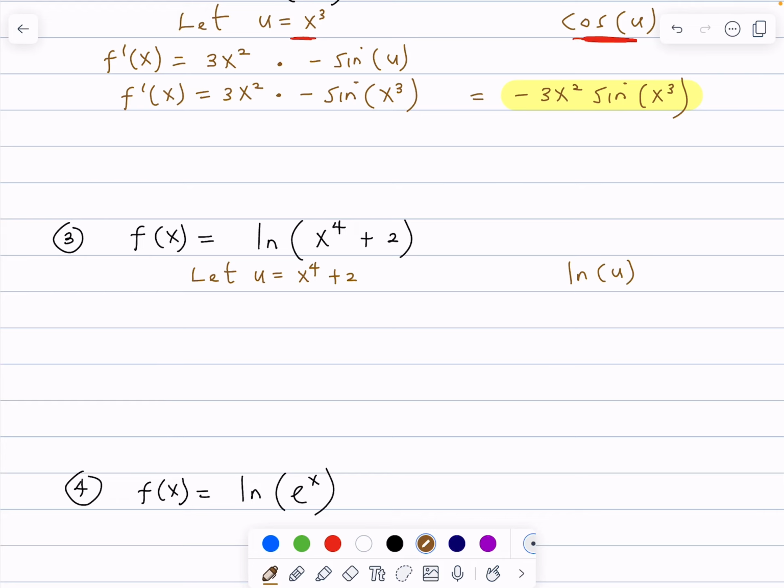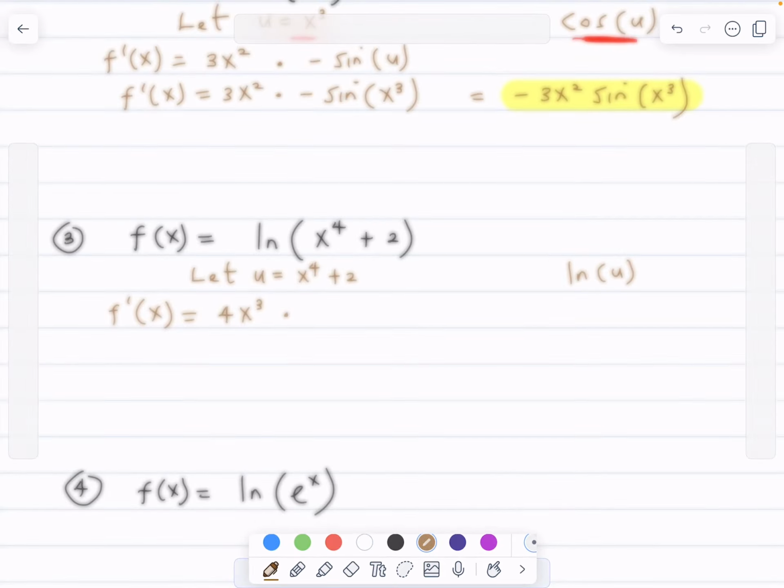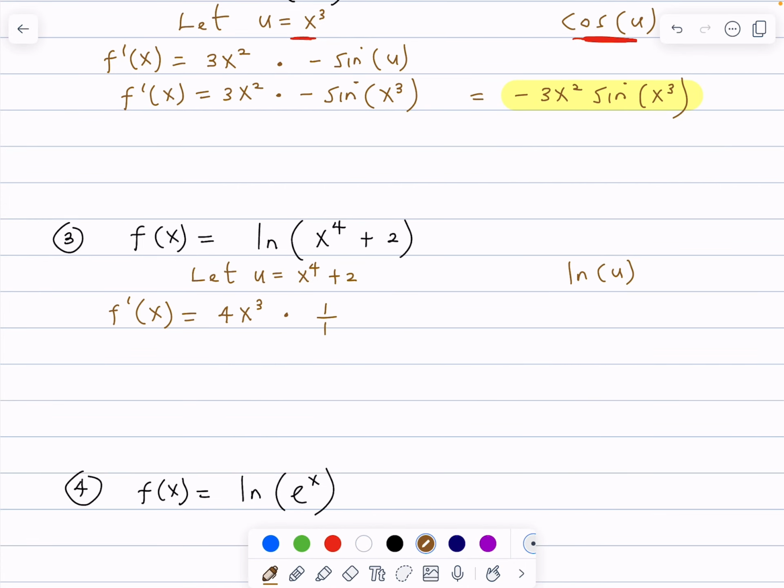So my derivative f prime of x is going to be the derivative of u, which is 4x cubed, times the derivative of ln u, which is 1 over u.